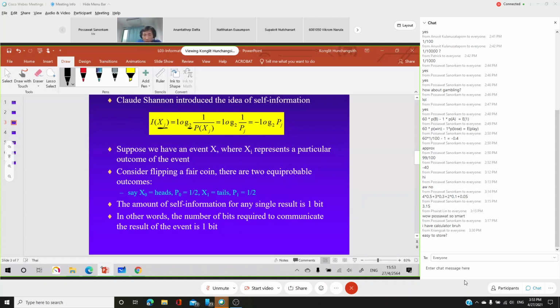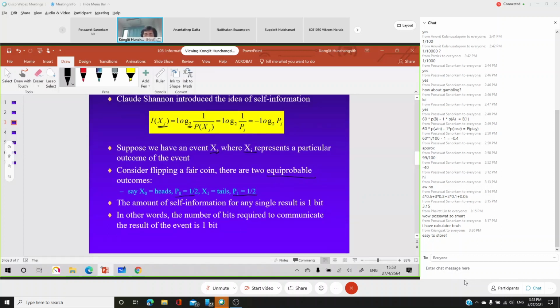Now, suppose we have an event X, where Xi represents a particular outcome of the event. Consider flipping a fair coin here. There are two equivalent outcomes, head or tail, 1/2 and 1/2. So we're going to add the information of getting head and tail. That's going to be log 2 of 1/(1/2) plus log 2 of 1/(1/2), the information for the head and the information for the tail.